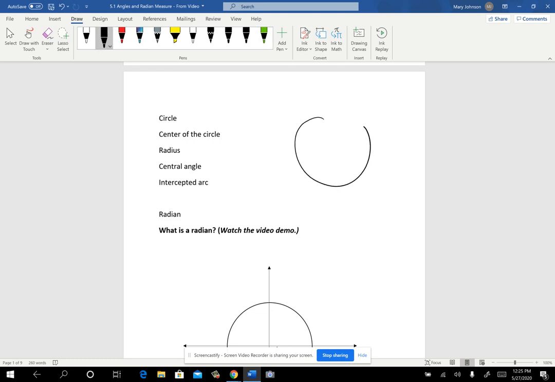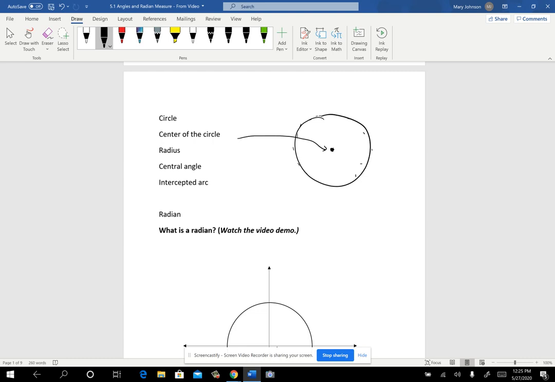So let me get a circle drawn. Okay. And the circle is actually that set of points right there on that boundary. It's formally defined as the set of all points that are equidistant from a given point. The center of the circle is that, right there. The circle is all the points that are equidistant around it.